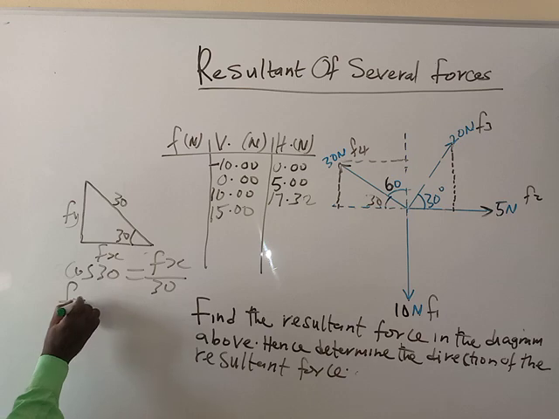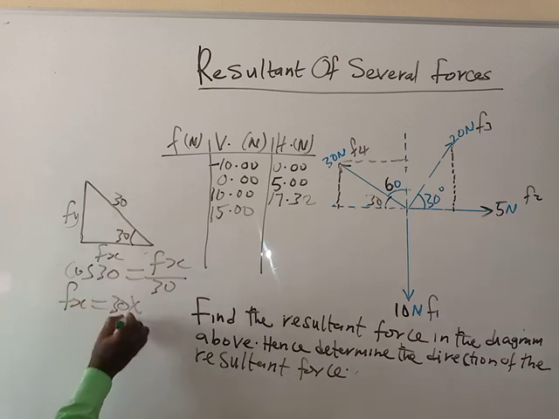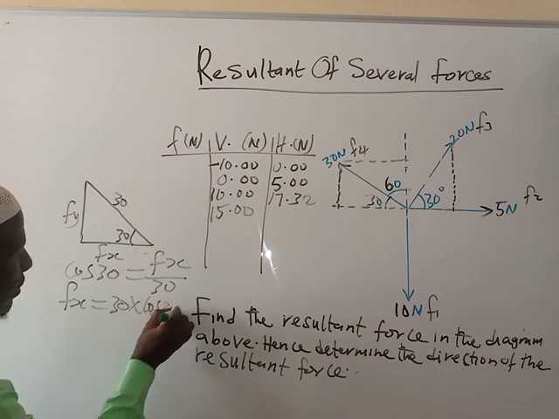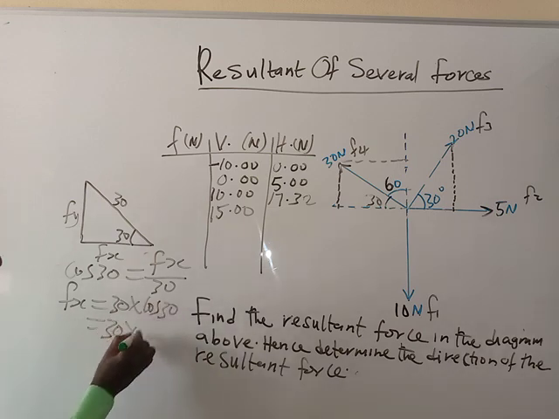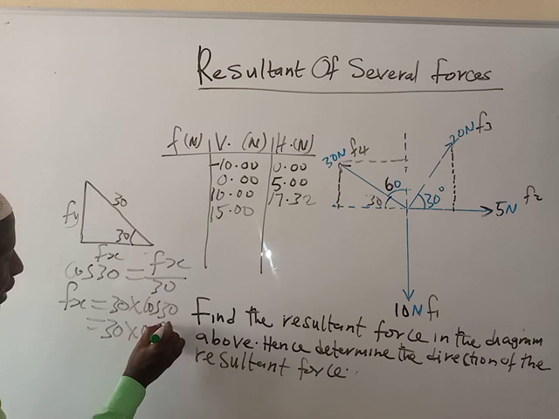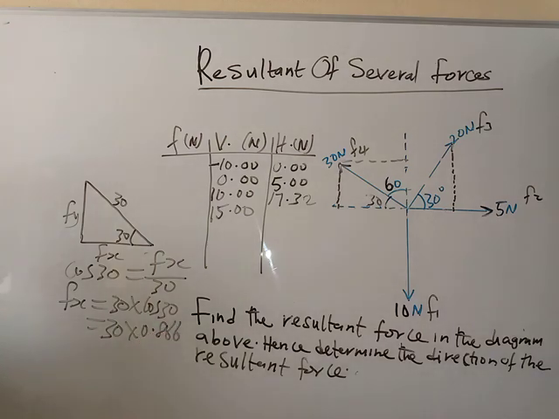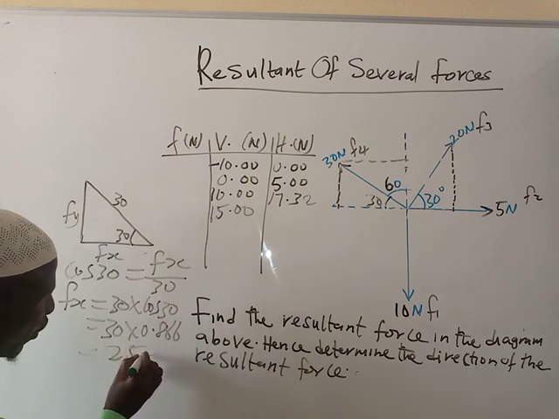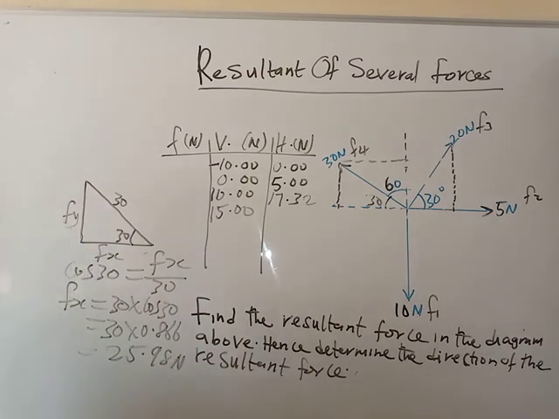Therefore, Fx is equal to 30 times cos 30, which is equal to 30 multiplied by 0.866. So 30 times 0.866 gives us 25.98 Newton. So you write it under horizontal component.